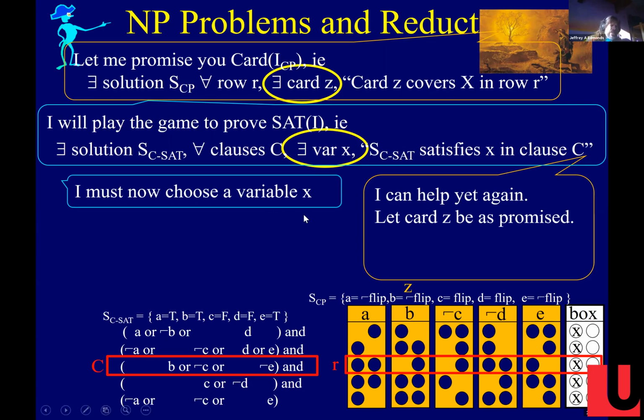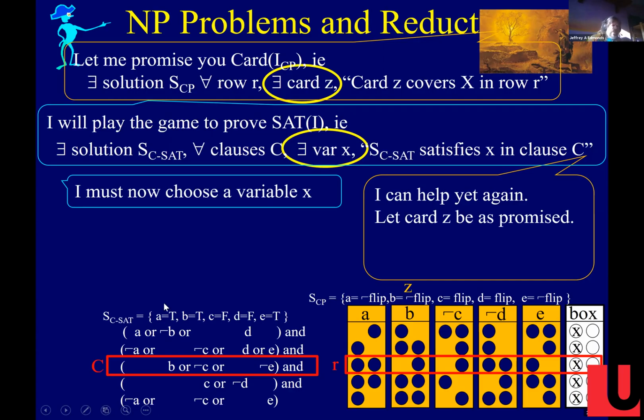So our goal is to come up with a variable. Which variable should we talk about? If she's telling me something about card B, it has to do with variable B, right?